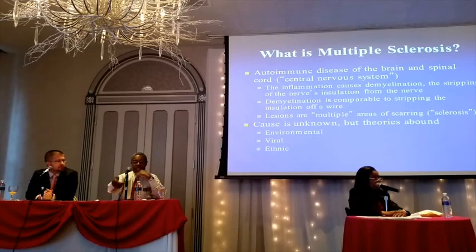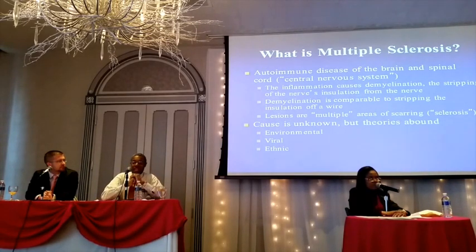Your nerves are exactly like electrical wires. There's wiring on the inside, and there's insulation on the outside. And the insulation on the outside is called myelin. Multiple sclerosis is caused by your immune system attacking some component of the myelin, of the insulation around the nerve.